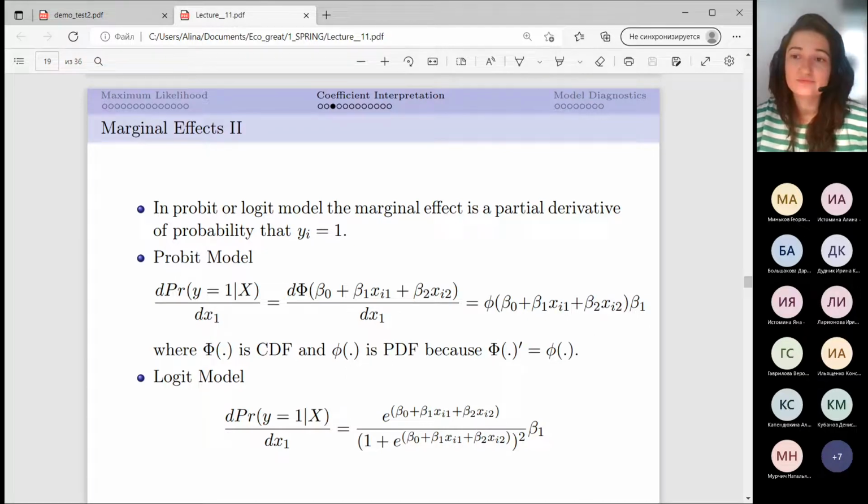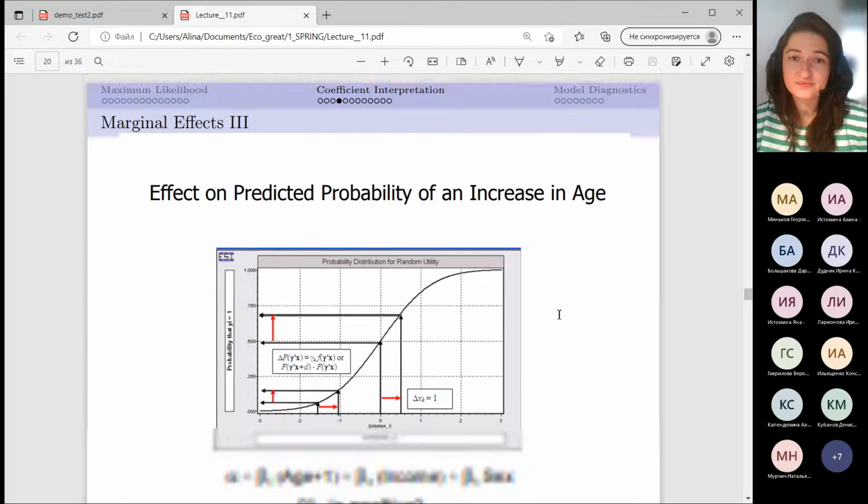What does it mean? It means that the interpretation and the size of the marginal effect depends on X values, and we have different outcomes in X values. So what does it mean?